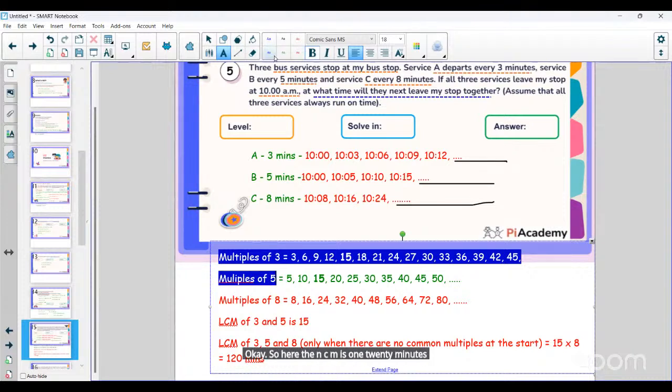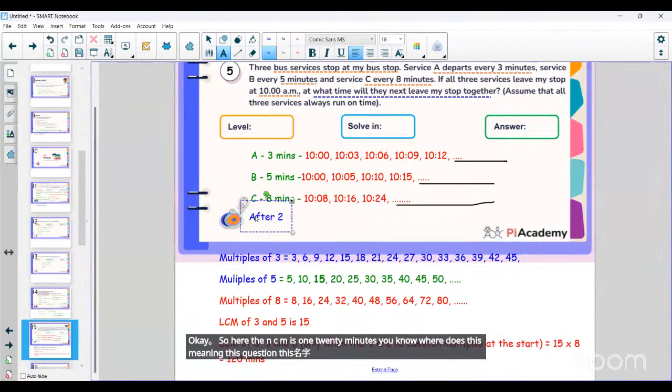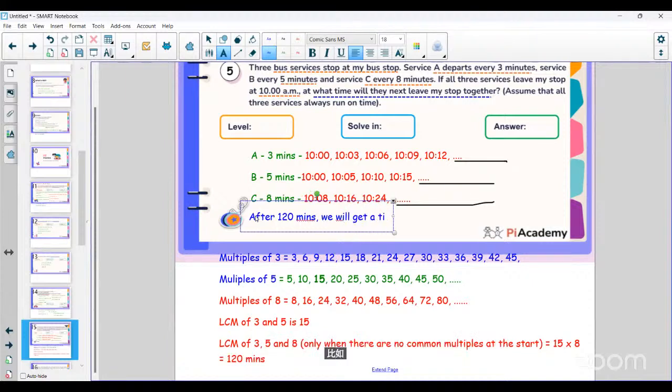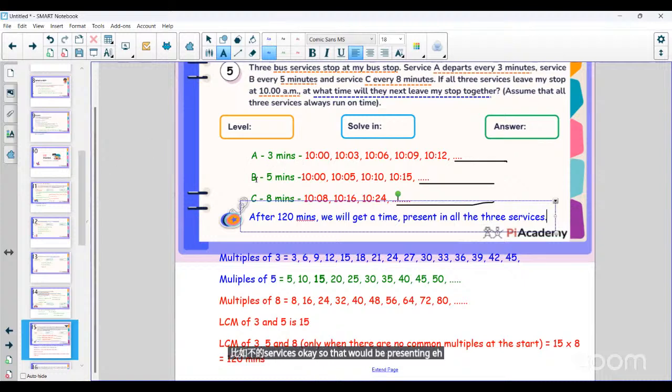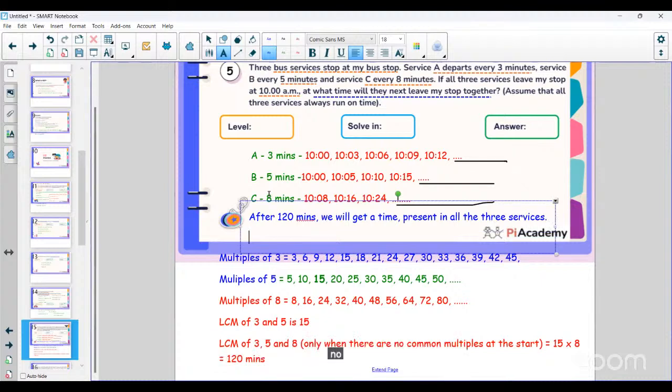You know what this means in this question? This means after 120 minutes, we will get a time present in all the three services. Okay. So that will be present in A, it will be present in B, and it will be present in C. Now, what is 120 minutes after 10 a.m.? 120 minutes is 2 hours, right?